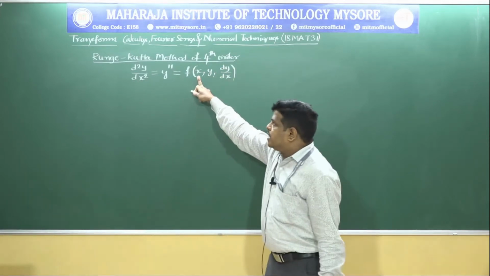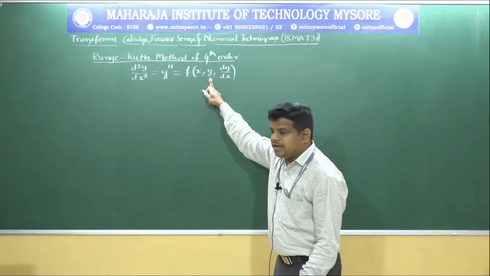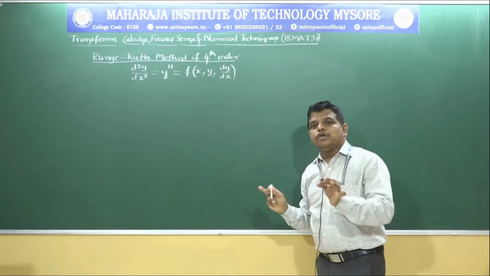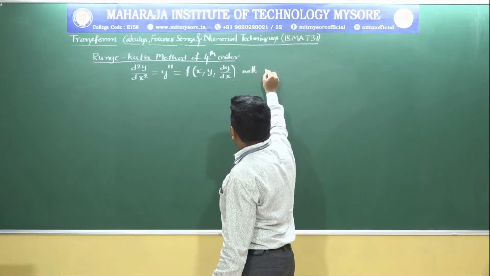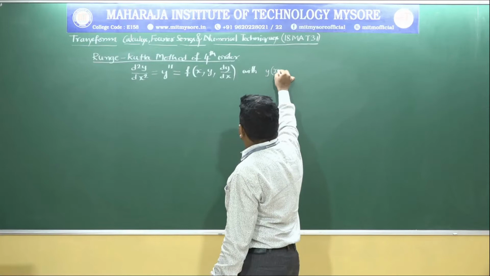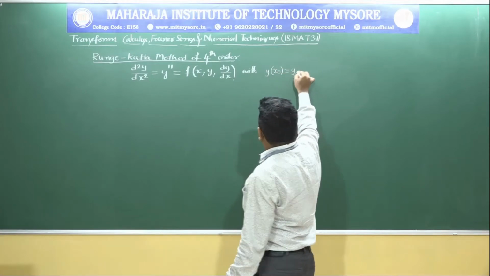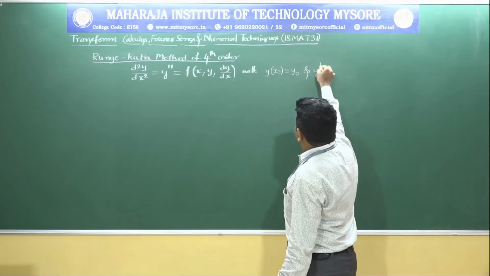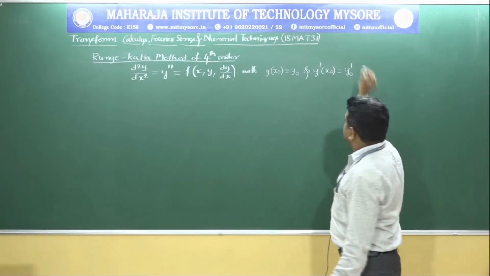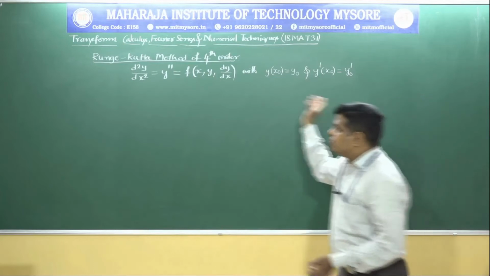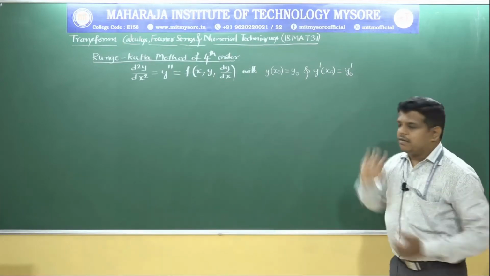Here x is the independent variable, y is the dependent variable, and dy by dx is the derivative of y with respect to x, with the initial conditions y of x naught equals y naught and y dash of x naught equals y naught dash. These are the initial conditions given for this second order derivative.